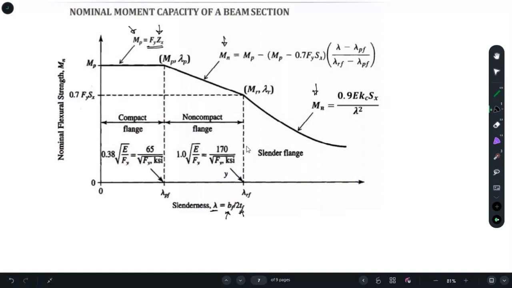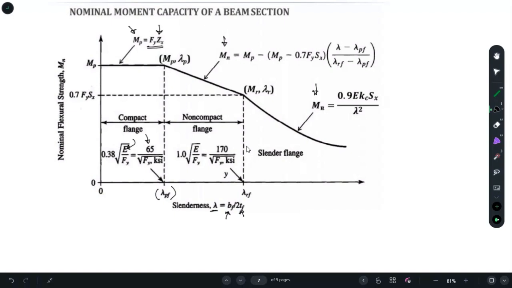If your slenderness value is less than 0.38 root over E over Fy, or you just plug in the value of E, which is 29,000 ksi, you will get 65 over root Fy, and you have to keep Fy in ksi. So we'll assume that our slenderness value is less than lambda pf.